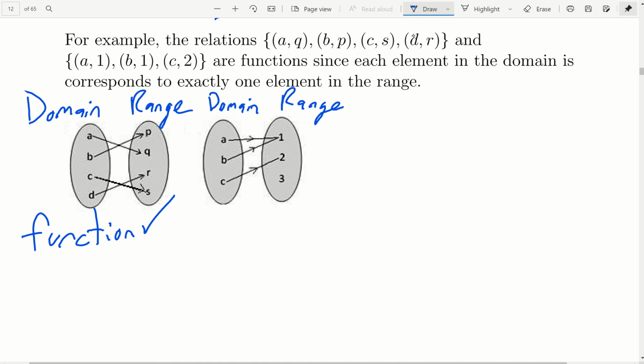A is associated to 1. B also happens to be associated to 1, which is perfectly fine. And C gets associated to 2. Notice we wouldn't even need to write the 3 there, since 3 wasn't part of the range set. Nothing gets associated to 3, but this is another example of a function.